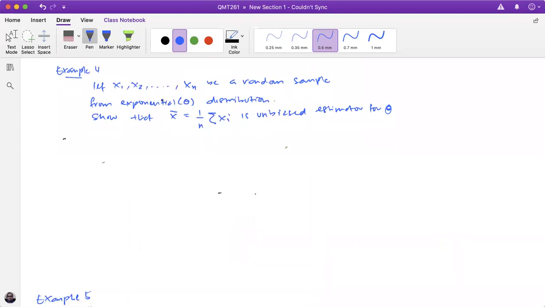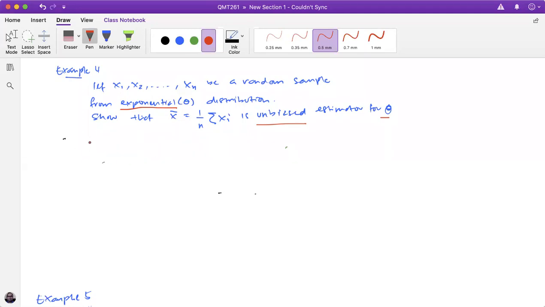Let x1 until xn be a random sample from exponential distribution. Show that x bar equal to 1 over n summation of xi is unbiased estimator for theta.